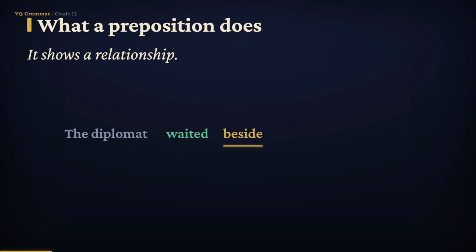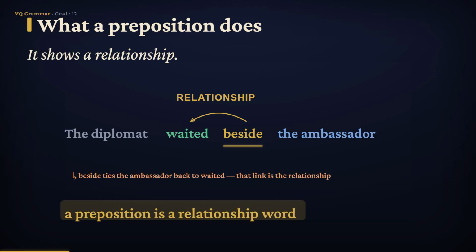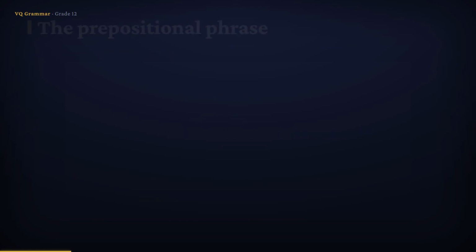That small word is our preposition. Right behind it stands the ambassador, the noun the preposition points to. Now follow the arrow. Beside reaches back and ties the ambassador to waited, telling us exactly where the waiting happened. That connection is the whole job. A preposition, at its heart, is a relationship word.